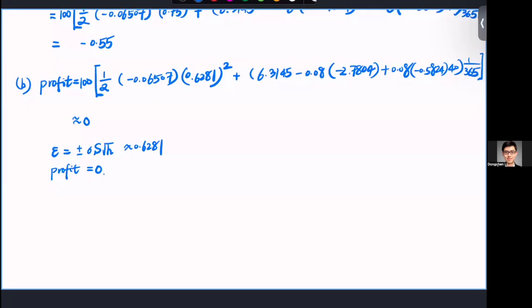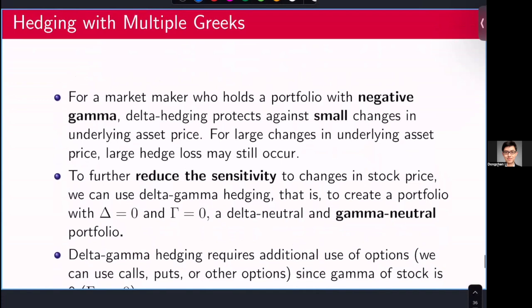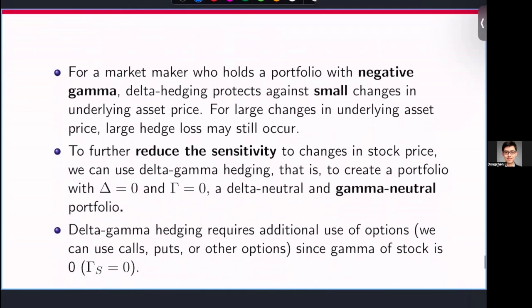Now we're going to move on to the last topic of this chapter, and that is hedging with multiple Greeks. As we discussed, for a market maker who holds a portfolio with negative gamma, when there's a small change in the price of the underlying asset, delta hedging can offer pretty good protection.